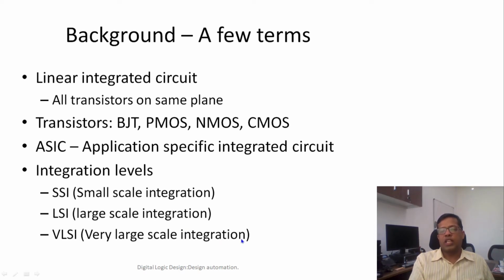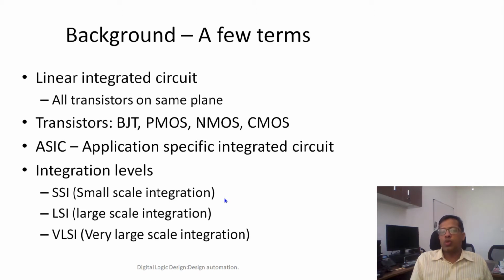You will hear some of the related terms like VLSI design. That means a design which would have large scale integration involved. So we are focusing on a design which would eventually have more than thousands of transistors or hundreds of thousands of transistors. When we started this course, we talked about Moore's law.